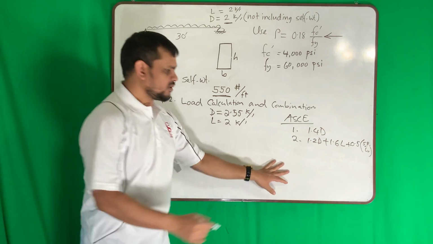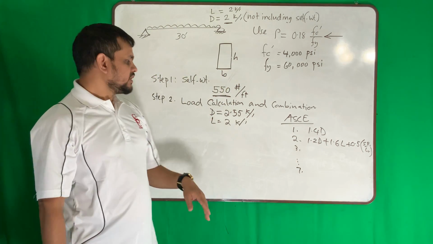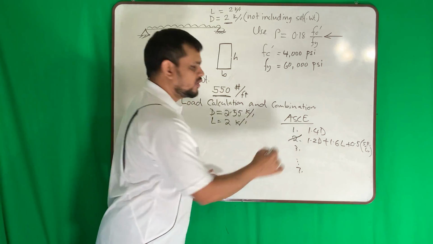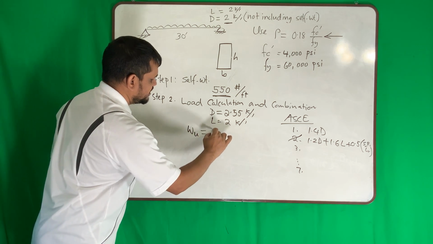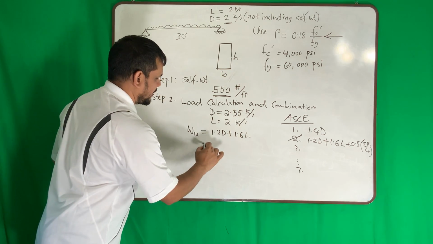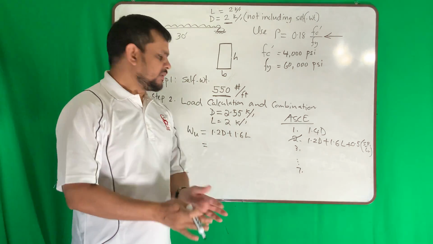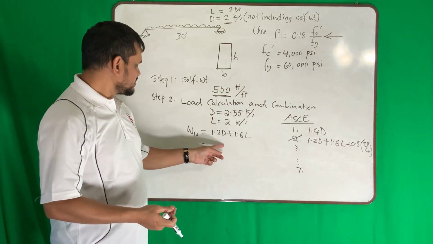You saw that kind of combination is 3 up to 7. So when there is only dead load, live load, this one will win. So our uniformly distributed load is 1.2D plus 1.6L. For reinforced concrete design, mostly beam, column, this combination number 2 will always win. So we will use this.